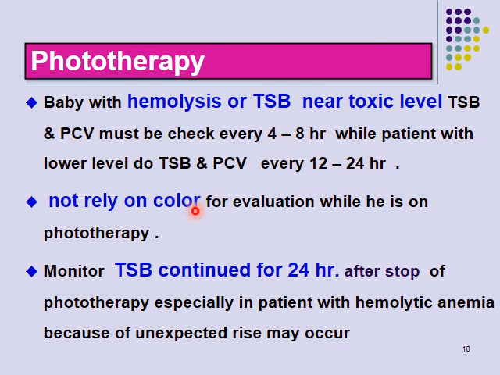We should not rely on color for evaluation of the patient while on phototherapy. Monitoring of TSB should be continued for 24 hours after stoppage of phototherapy, especially in patients with hemolytic anemia, because an unexpected rise or rebound may occur.